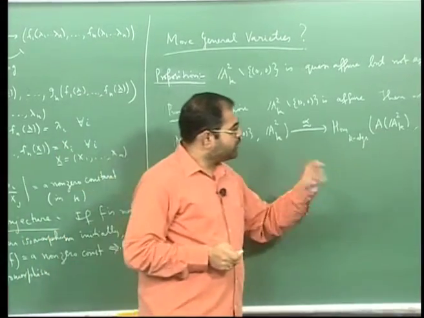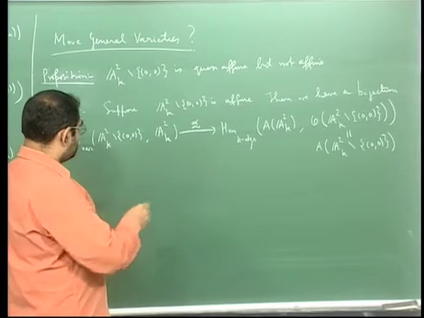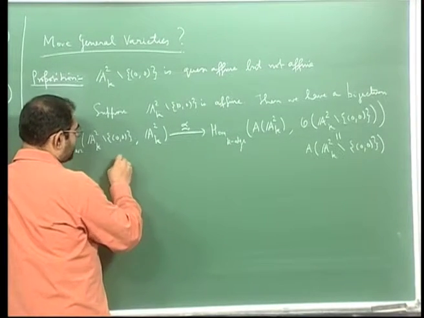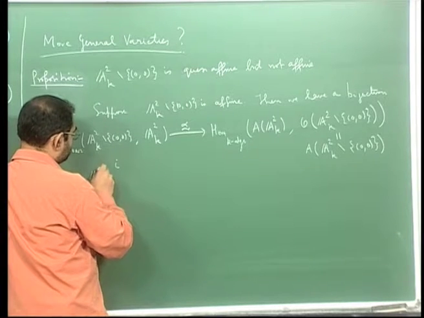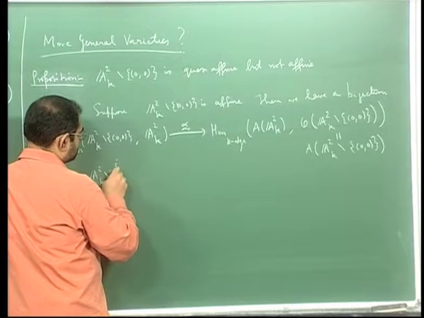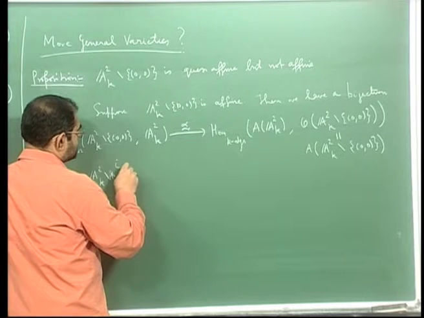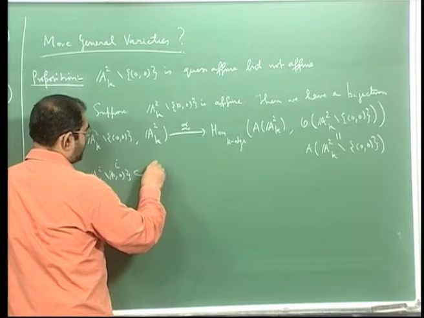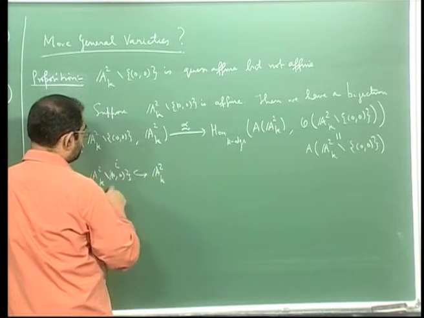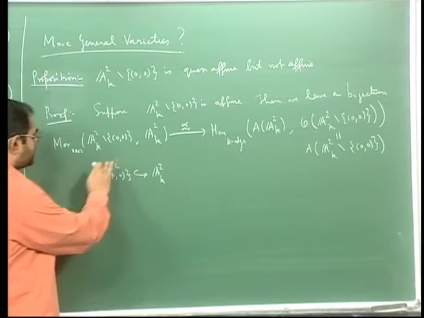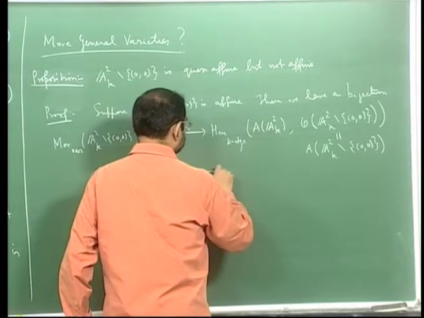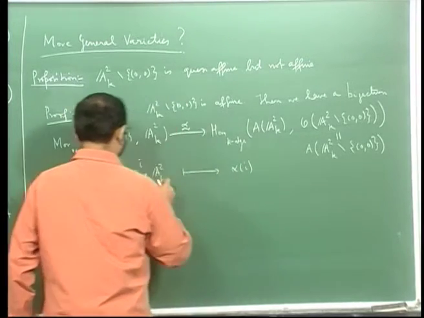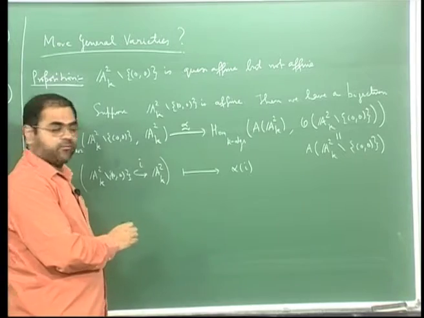So now, in particular, I will look at the canonical inclusion map from A2 k minus the origin. This is sitting inside A2, and there is a natural inclusion map. Let me put the I here. Then this will go to alpha of I. What is this alpha of I?